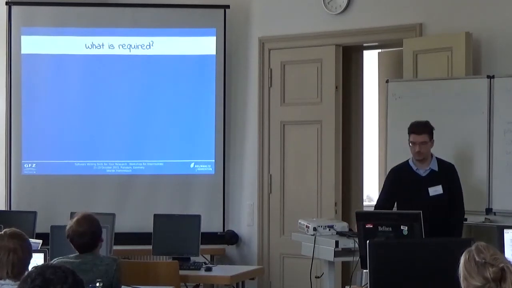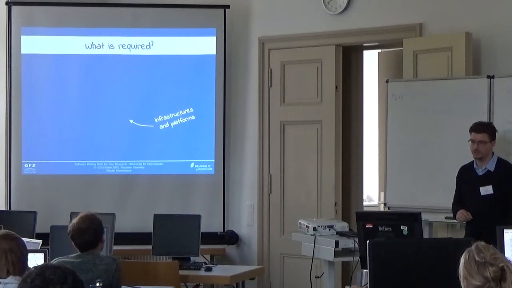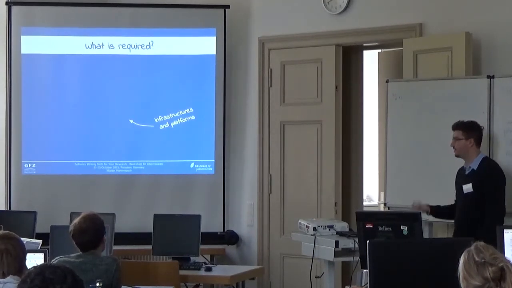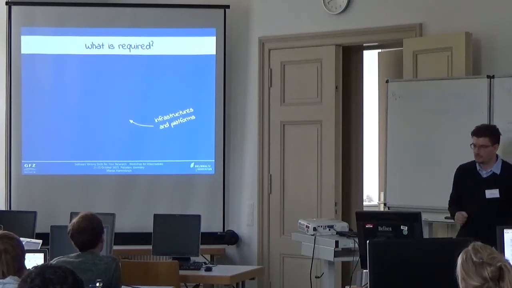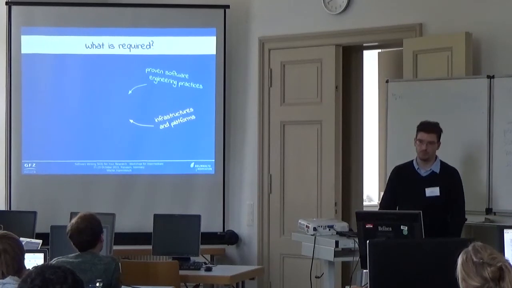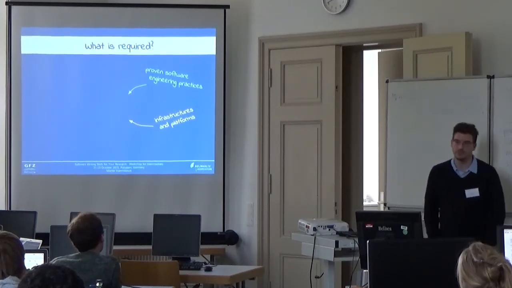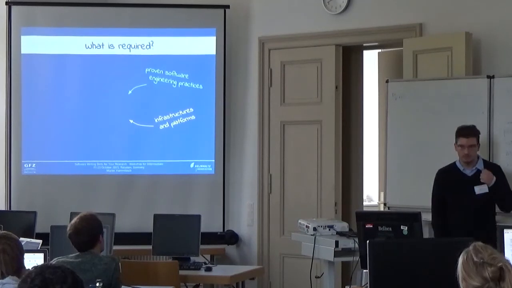Okay, so what is required so that we can start doing this stuff is that we need infrastructures and platforms which are already available. You have seen it, some of that stuff can be done. So Git, GitHub, Zenodo is there. We need proven software engineering practices, which basically means you have enjoyed the last 2 days, so you are well prepared.